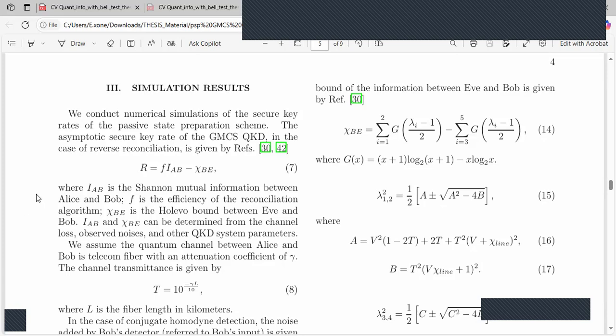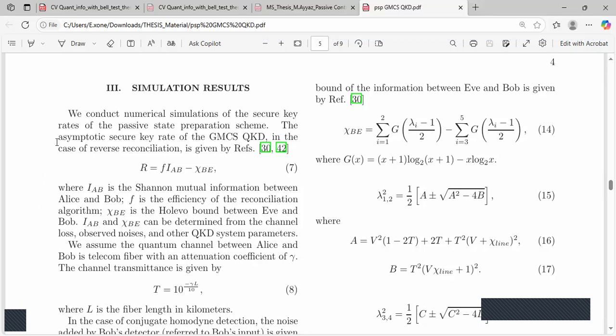In this setting, the author is calculating the asymptotic key rate, assuming that Eve can employ the most powerful attack, a collective attack. We know that there are three kinds of attacks Eve can employ: individual attack, collective attack, and coherent attack. The most powerful and most general attack is the coherent attack.